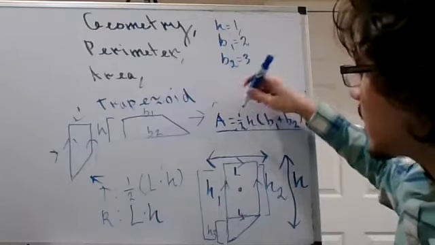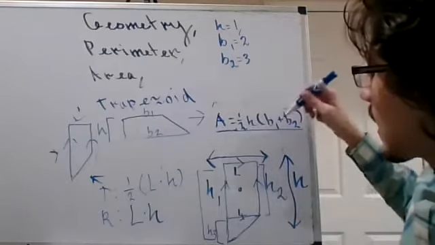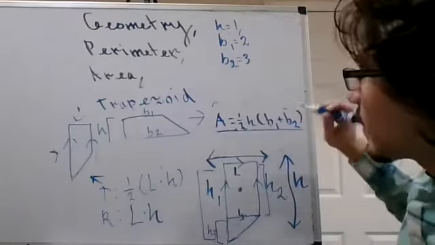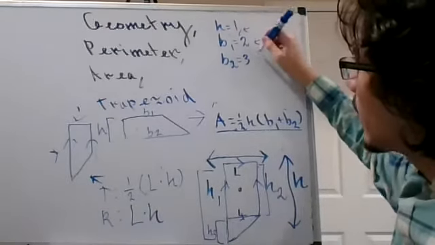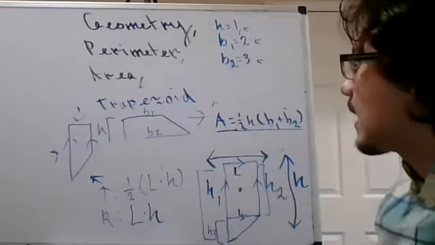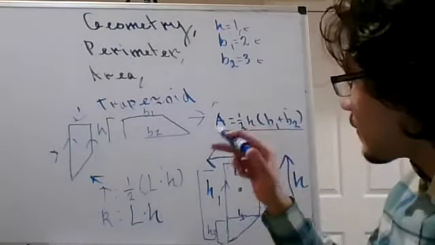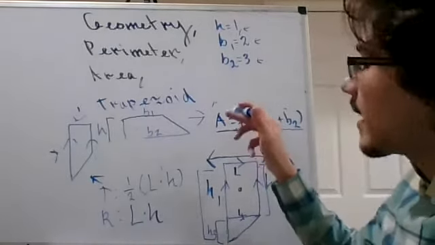In the area equation, you have 1/2 height times base 1 plus base 2. And here you have height, base 1, and base 2. Can anybody tell me what the area is?